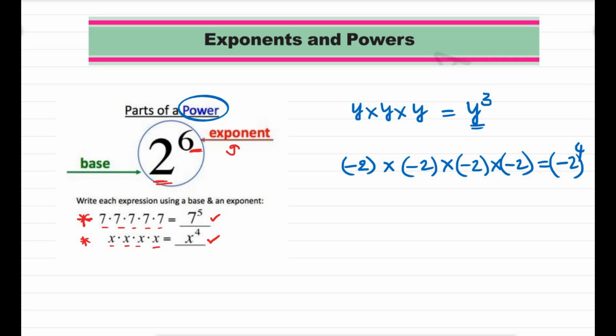If the fraction 1 by 2 is multiplied 2 times, we write it as 1 by 2 to the power of 2. Here this is called base and this is called exponent. This is the exponential form.